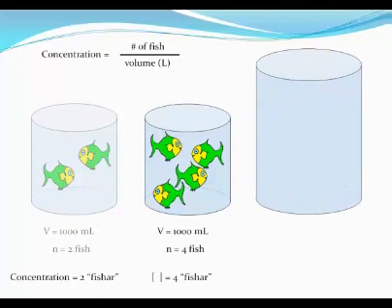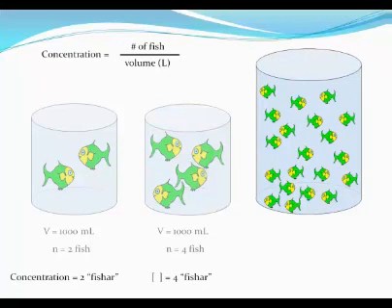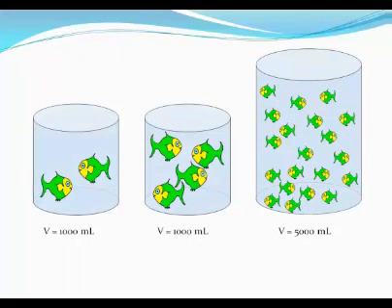And if we had a totally different system, this time we had 20 fish in 5 liters, well, it would also be 4 fish per liter, because 20 fish divided by 5 liters also gives you 4. And so concentration is volume independent. It's also total number of moles independent. It's very useful for chemistry.